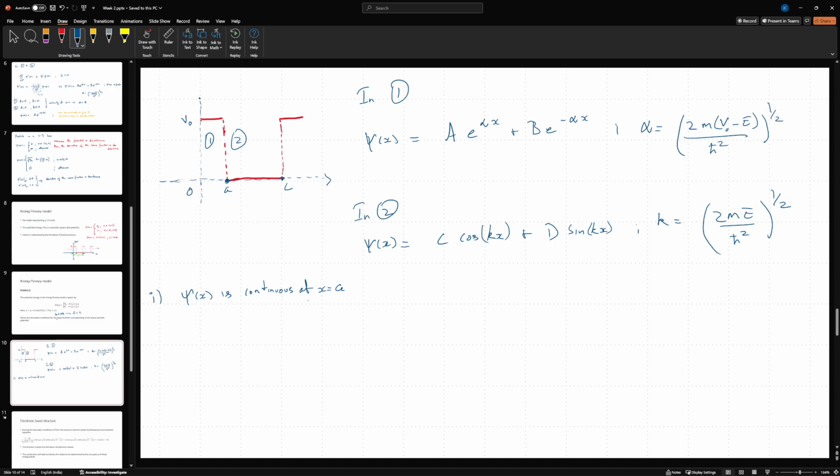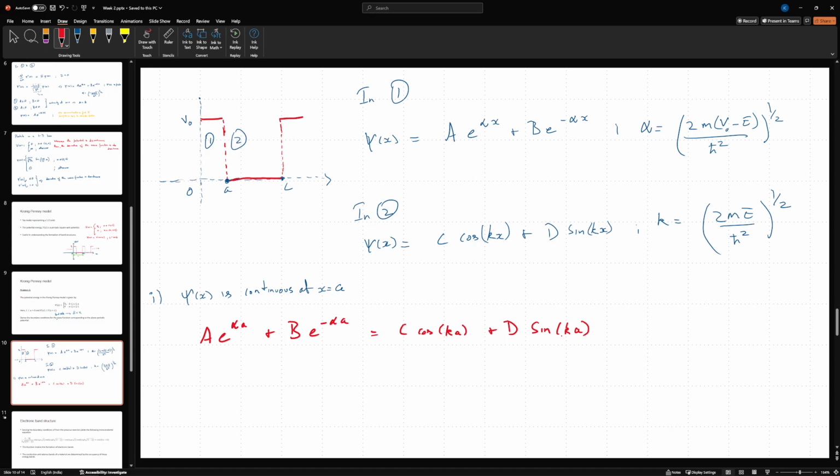So this is the first set of equations. The first equation, at x equal to a, let me write the equations in red: A e to the power alpha a plus B e to the power minus alpha a is equal to C cos ka plus D sin ka.